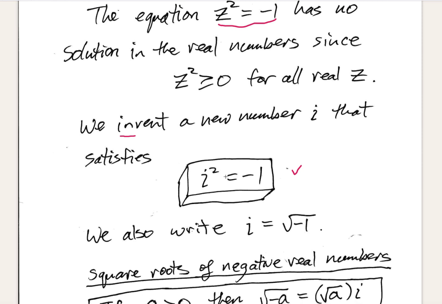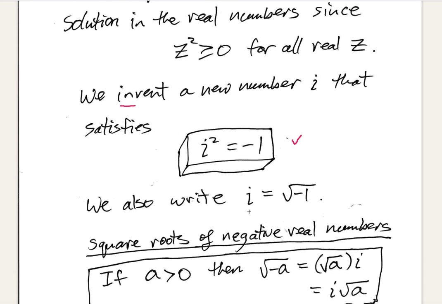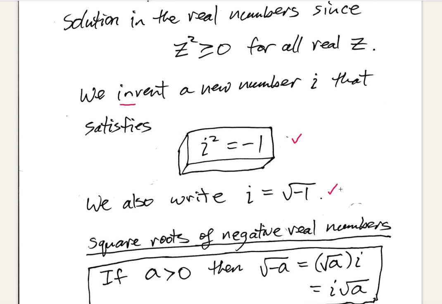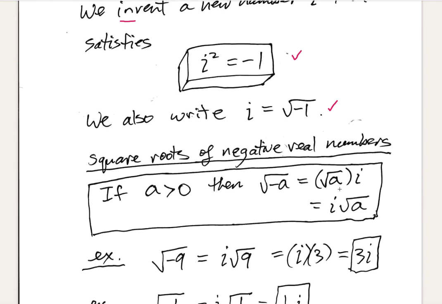So the fundamental equation it satisfies is i squared is equal to -1. We will also write this: i is the square root of -1. That's often done. So we think of i as being the square root of -1. Not a real number. There's no such thing. It's a completely new number.